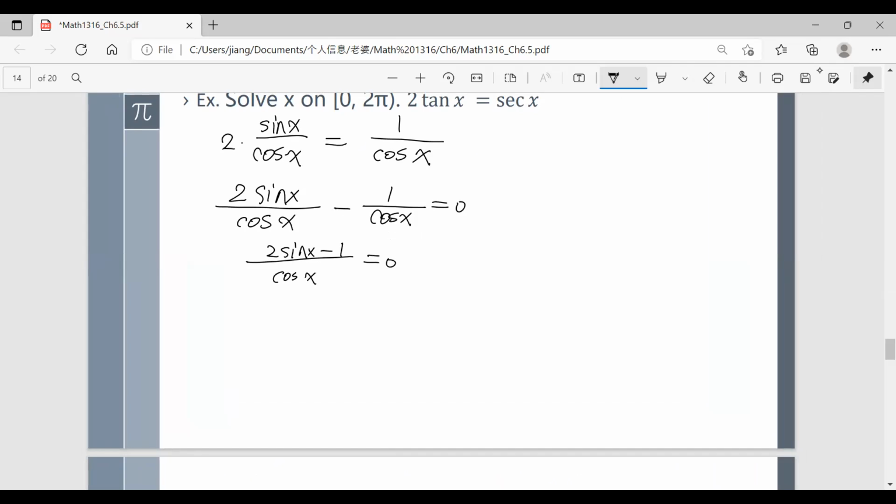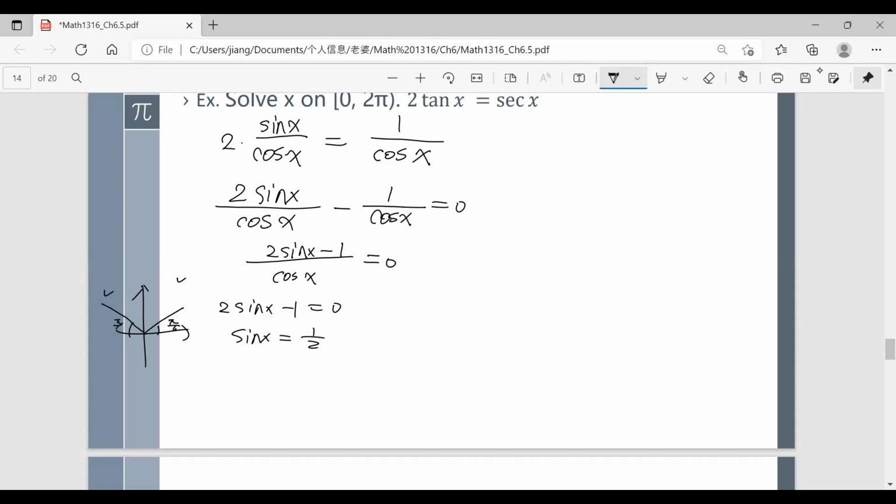And then if this fraction equals 0, the denominator cannot be 0. That means only the top equals 0. That means 2 sine x minus 1 equals 0. Sine x equals 1/2. And we have learned sine is positive here and here. The reference angle for sine x equals 1/2 is pi over 6.